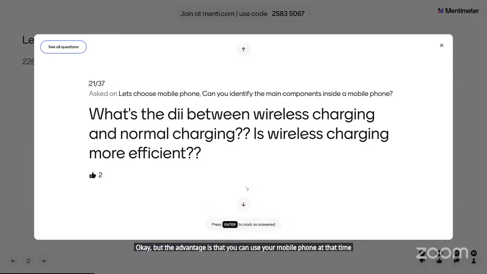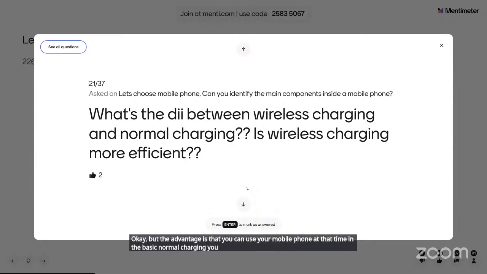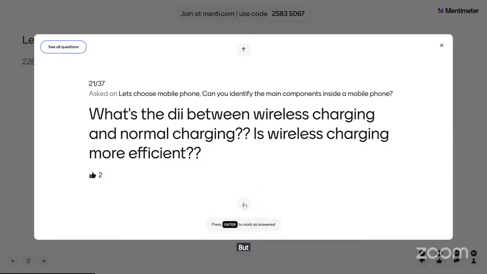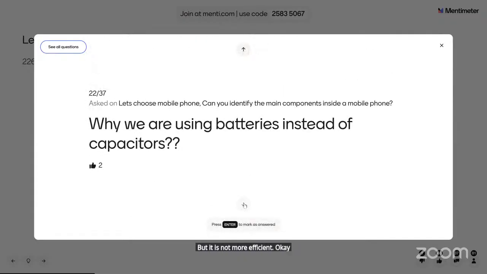In normal charging, you plug your cable into the mobile phone and you can only move where the cable goes. But in wireless charging, you can move to any designated place where the wireless power is transmitted. It is not more efficient, because when you transmit the power in the environment, there are power losses.